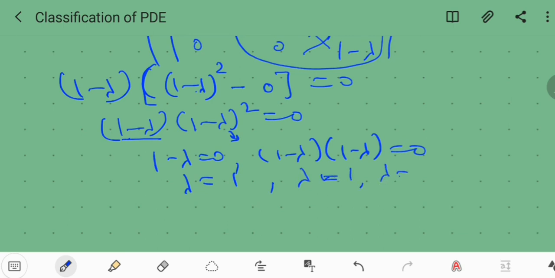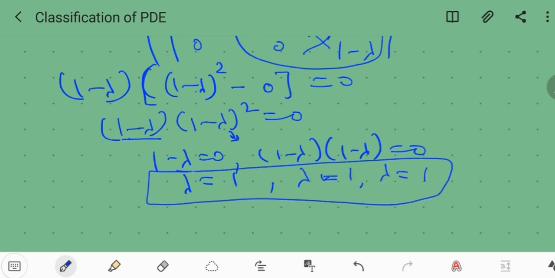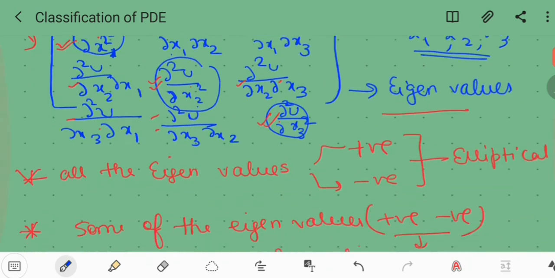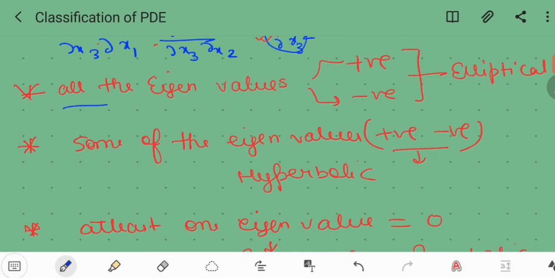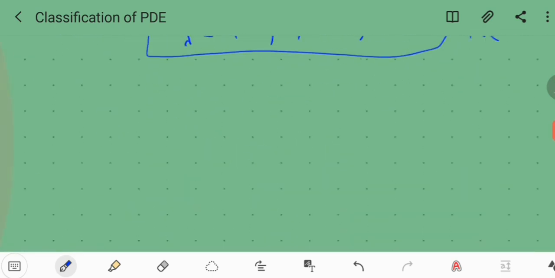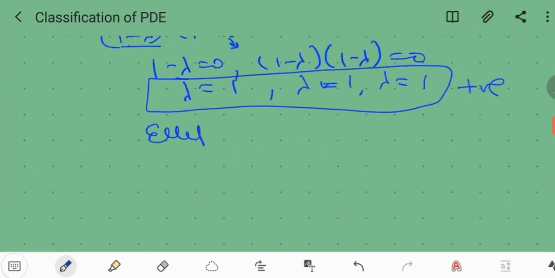So here all the values are 1. Your all 3 eigenvalues are positive, and if all the eigenvalues are either positive or negative, no mix, then the equation is elliptical. So this is an elliptical partial differential equation, right?